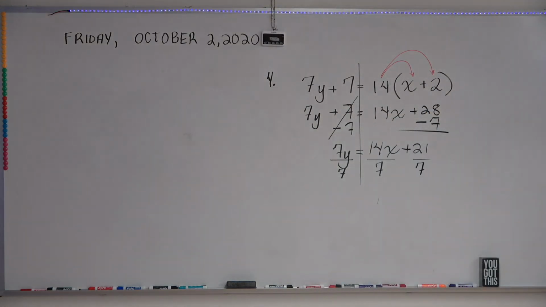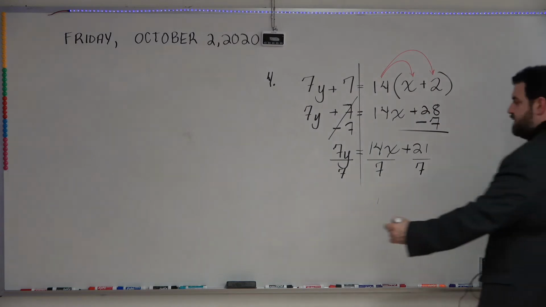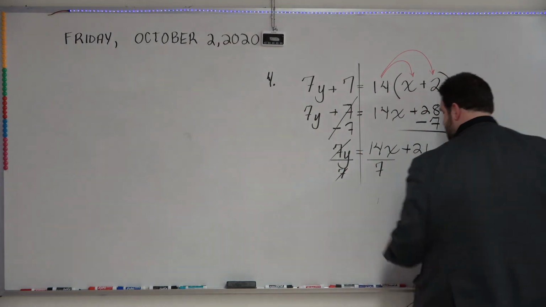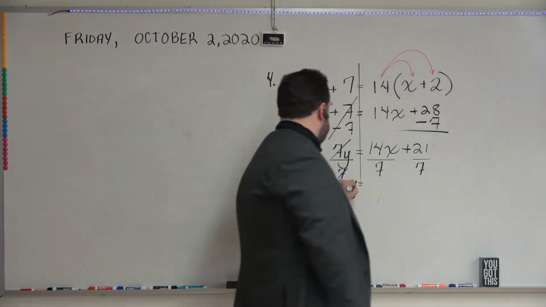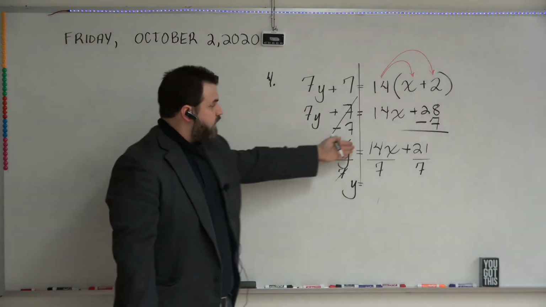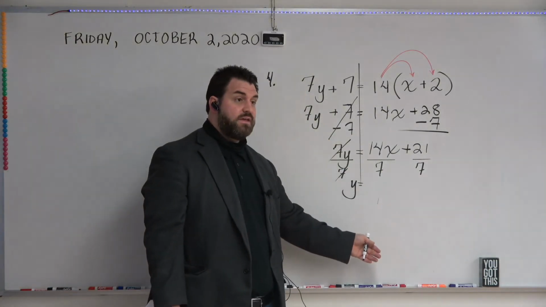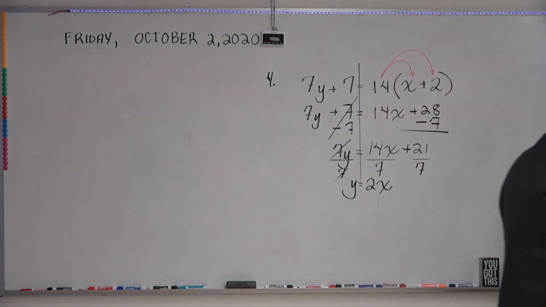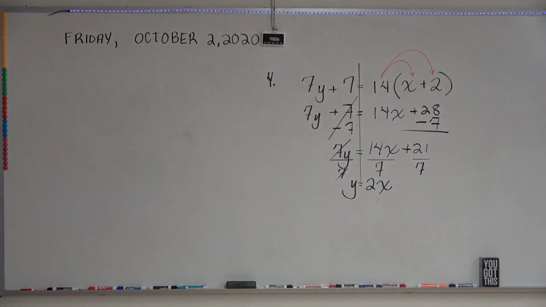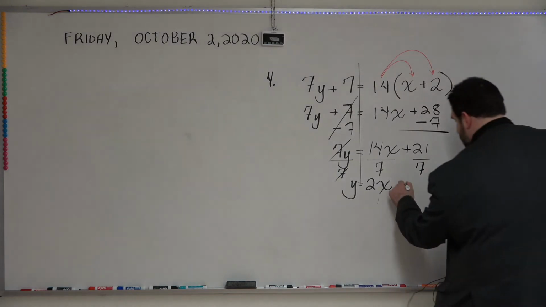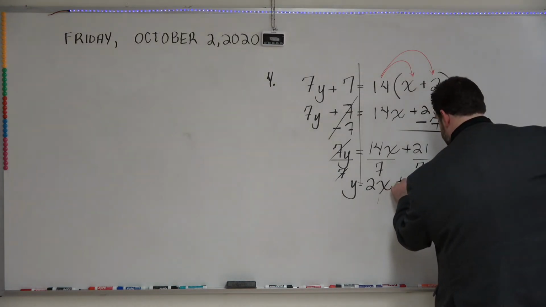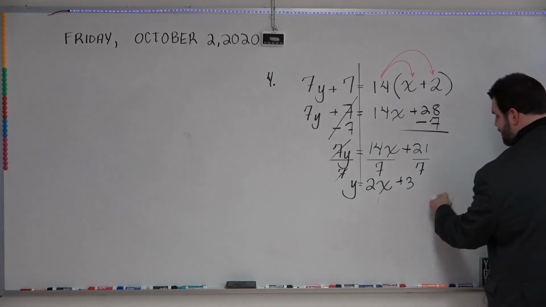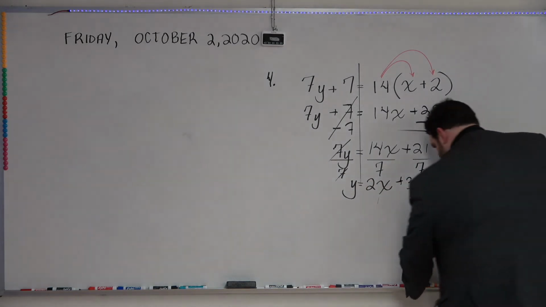Now, what that allows me to do is cancel the 7's on the left, and now I have y by itself. y equals 14 divided by 7 is 2. So I write 2x. 21 divided by 7 is 3. So I write plus 3. Now that's it. You did it.